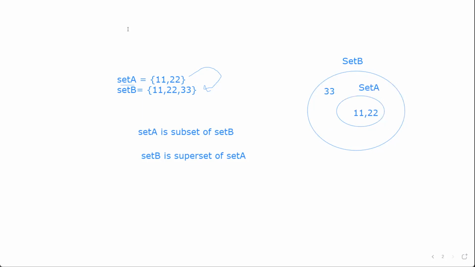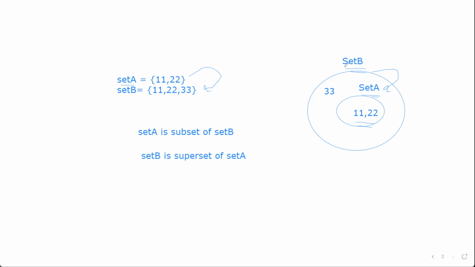So set B is the superset. If I call the superset and subset methods, set B is a superset of set A, and that will be true because set B has all the elements of set A plus additional elements, and set A is a subset of set B because all the elements of set A are already present in set B.